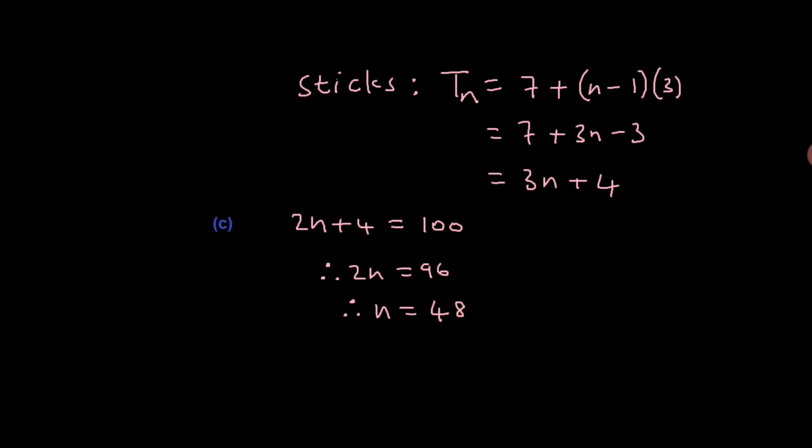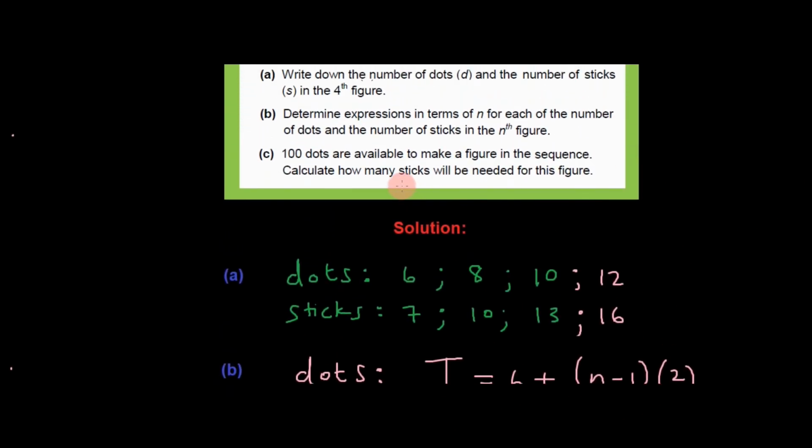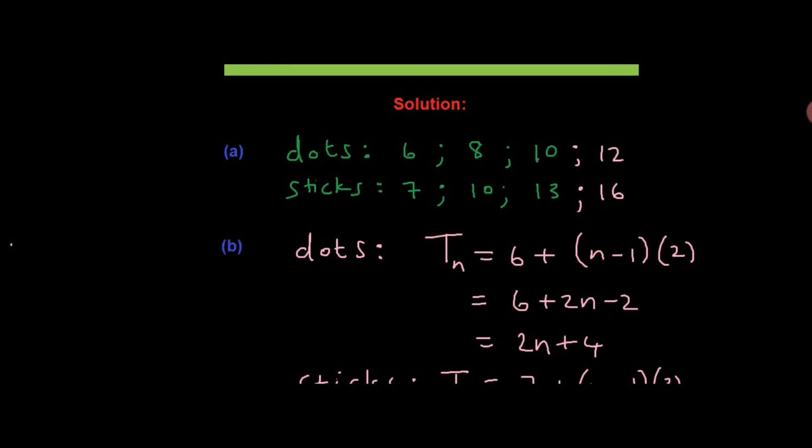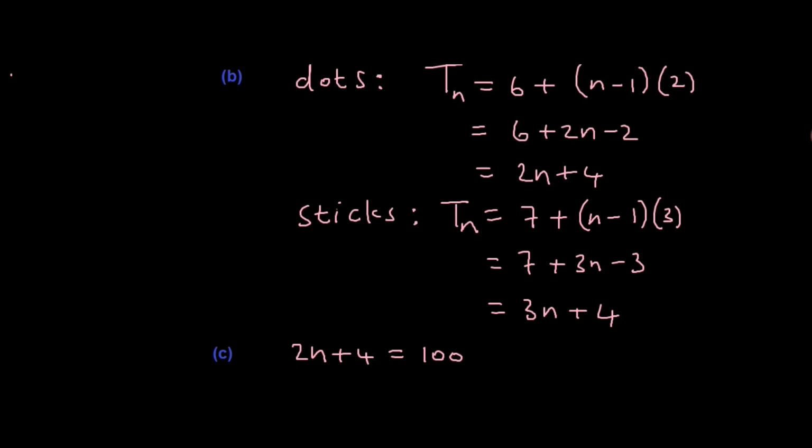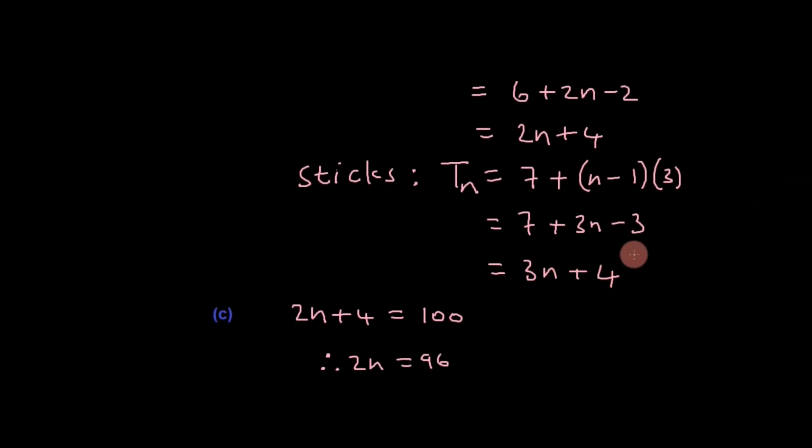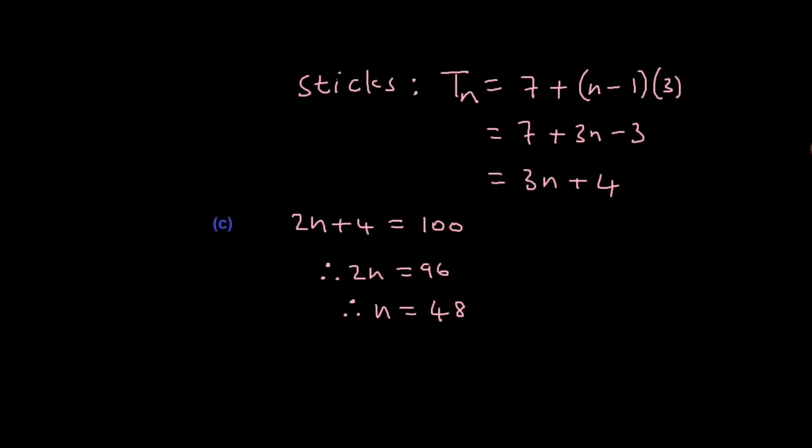Now, the question says, calculate how many sticks will be needed for this figure. We've got the general term for the sticks as well. It's 3n plus 4. So then we must find t sub 48, but in this case for the sticks. So we merely plug 48 in for n here.